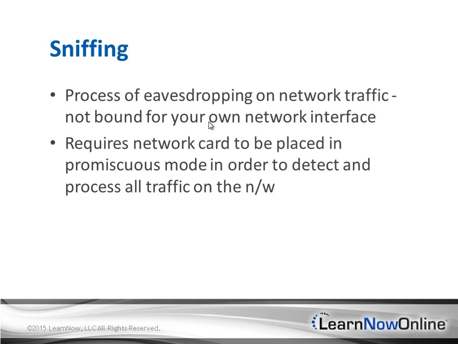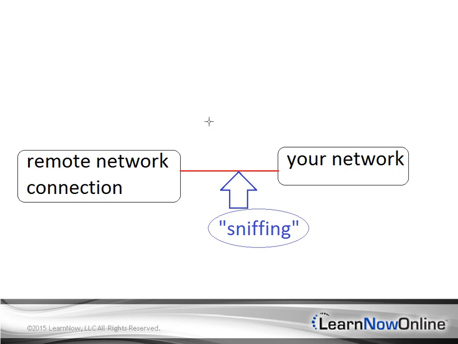detect what's happening. It requires the network card to be placed in what is known as promiscuous mode, so that you can detect and process all of the traffic on the network. The interesting thing is that this remote network connection can be yours, okay, that remote network connection is trying to figure out what's happening on your network.